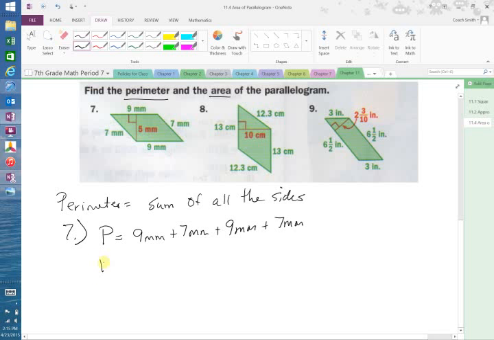And that would give me the perimeter is equal to what? Jesse? 32? Yes, it is. Perimeter is 32 millimeters. You do not put square because you're not multiplying. You're adding. I'm fixing to get to that. So that is perimeter.